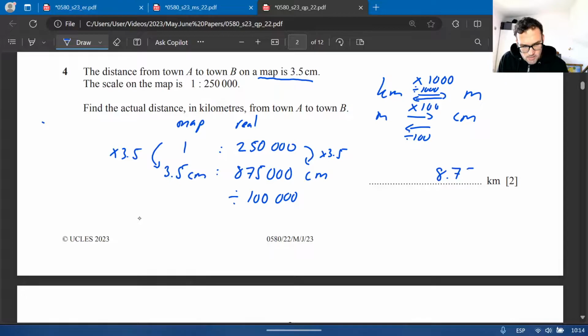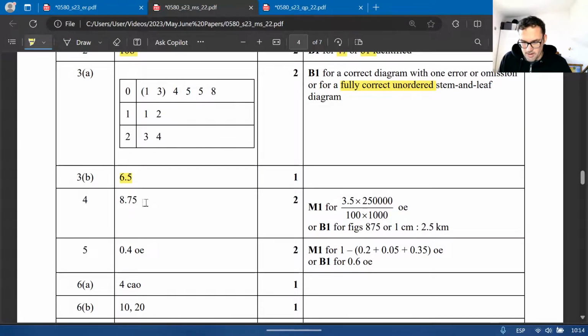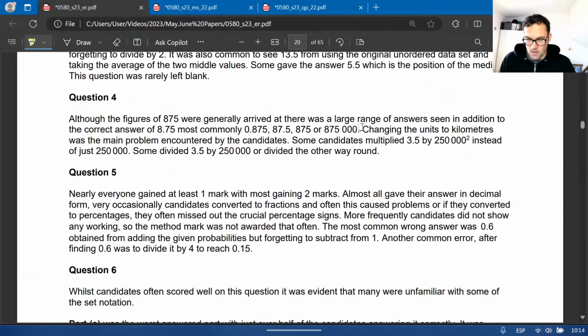Sounds to me like a reasonable answer. Of course, it's correct. There's another way you can change it before the ratio, before you do the multiplication, whichever way you fancy. Note here, many candidates struggle changing centimeters to kilometers, so practice that a little bit.